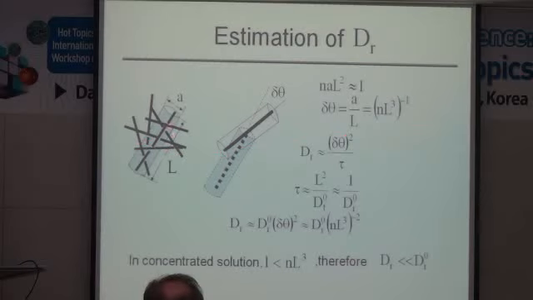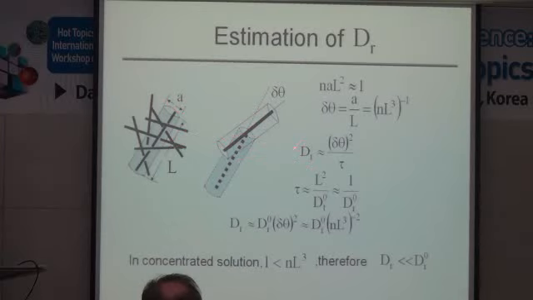One argument is that this is a mechanism for the rod to rotate. The rod moves in this way. If the rod length is L, and A is the diameter of the tube, if the rod moves along itself a distance L, it can escape from the original tube, and it can rotate slightly.